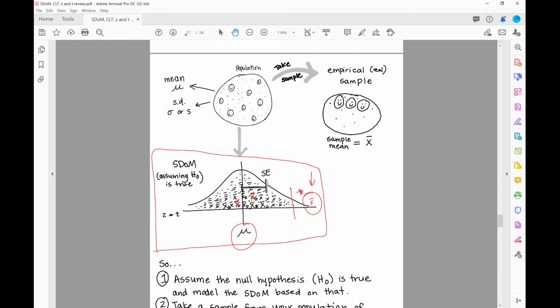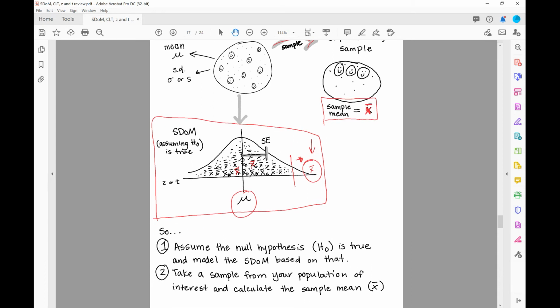So we take a sample from our population, a real empirical sample where we really get people and we measure something in those people. We figure out, in this sample, what is the sample mean that I got? I got this sample mean, X bar.